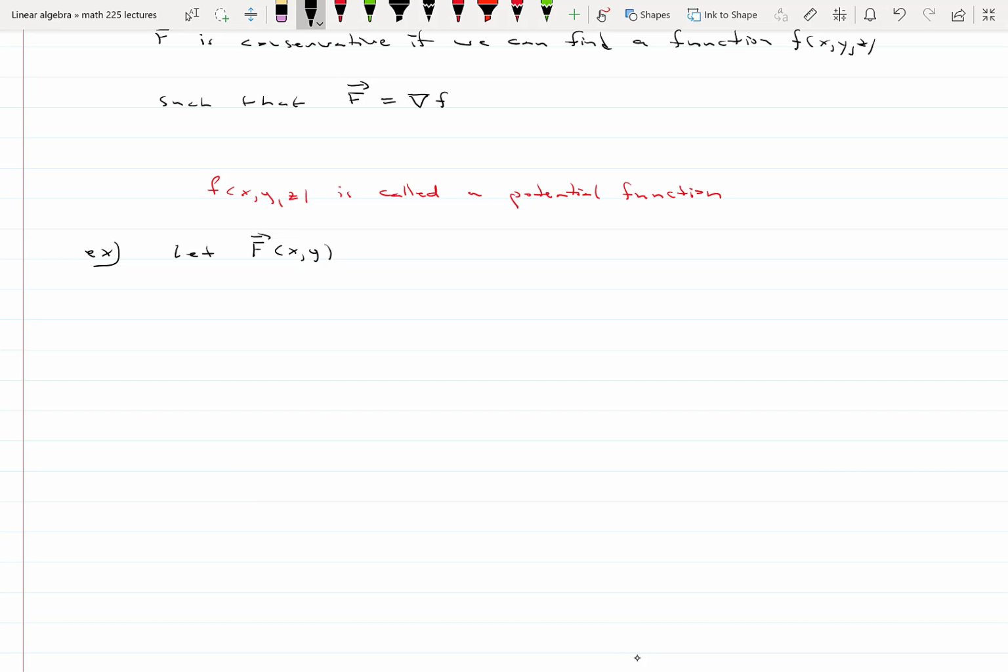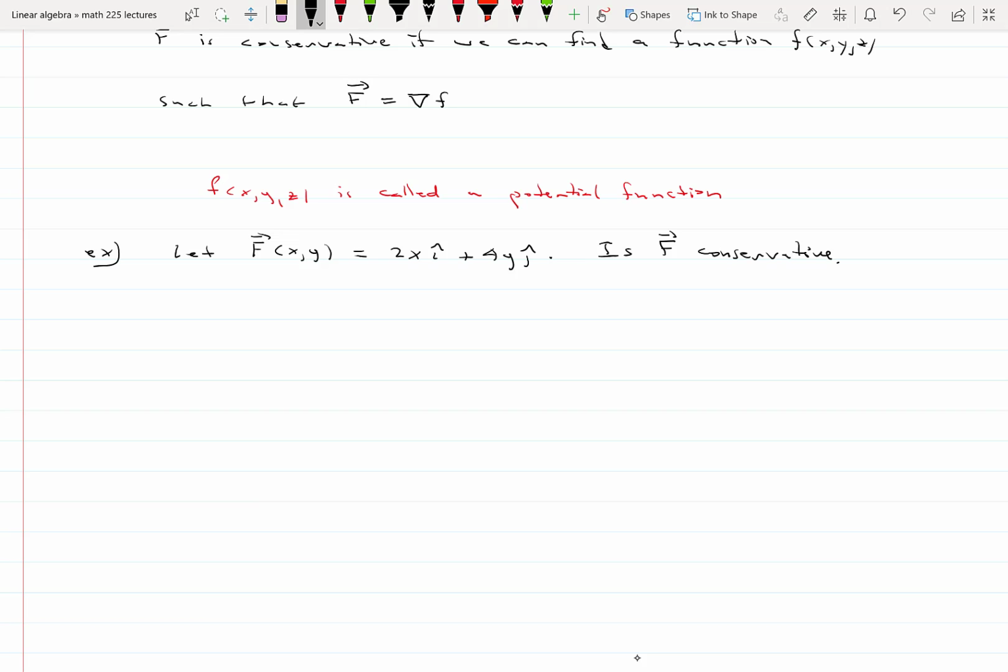It can be in 2-space. So let F of x, y equal 2x i plus 4y j. We're looking at a vector field, and I want to know: is F conservative?